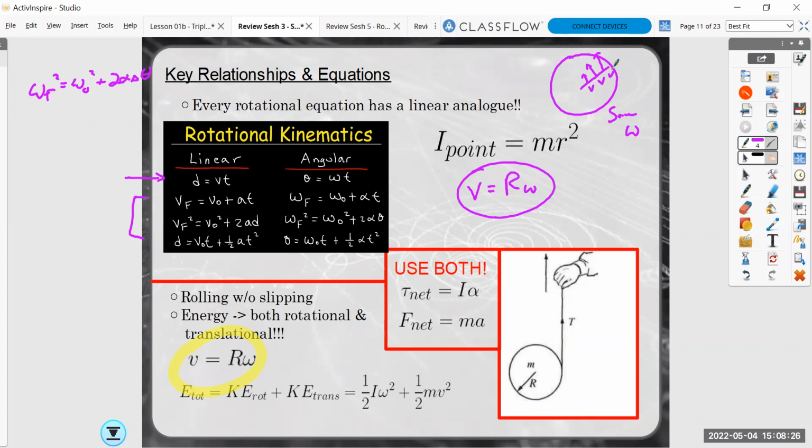When it gets to torques and other things, we typically need to look at both torque equals I alpha and F equals ma in order to really understand the full motion of an object. You don't always have to look at both, but in general, it's quite useful.